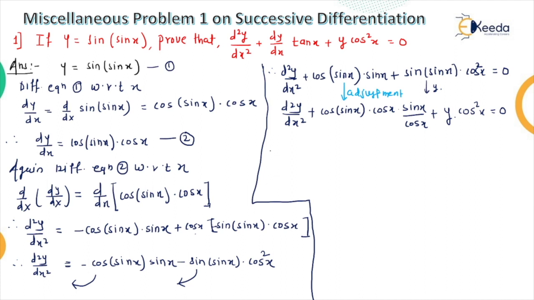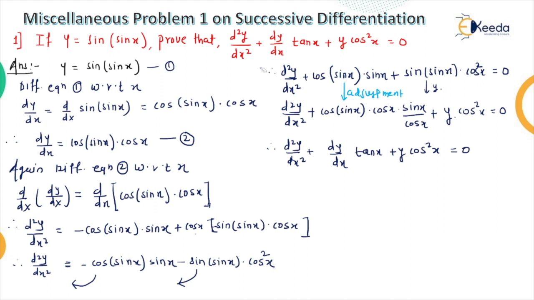So what we are getting here is d²y divided by dx² plus cos of sin x into cos x, from equation number 2, this term is dy divided by dx, and into sin upon cos it will give tan x, plus y into cos² x, and that is equal to 0.